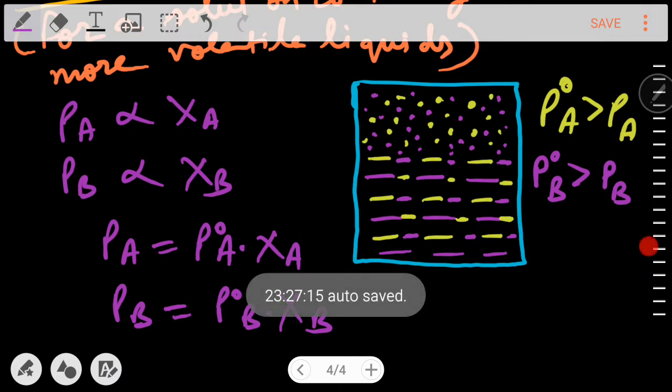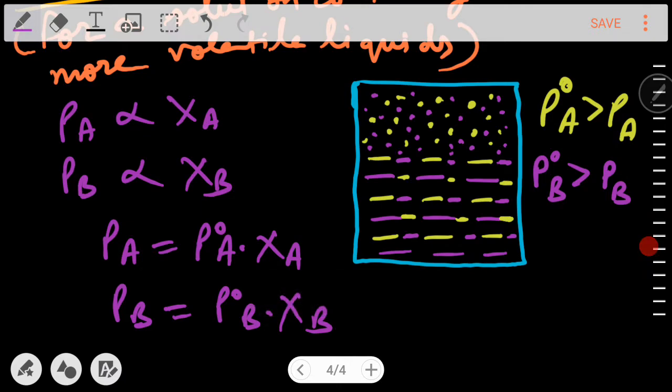Once again, I want to explain. When you take a solution containing two or more volatile liquids, suppose A and B both are volatile liquids, if their vapor pressures in the pure state are P naught A and P naught B respectively, and their vapor pressures in the solution are PA and PB respectively, then PA will be less than P naught A and PB will be less than P naught B. And according to Raoult's law, PA will be directly proportional to XA and PB will be directly proportional to XB, because the partial vapor pressure of a component in the solution of two or more volatile liquids will be directly proportional to the mole fraction of that component.